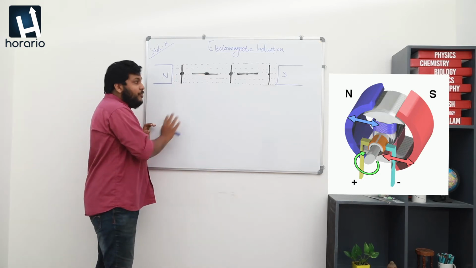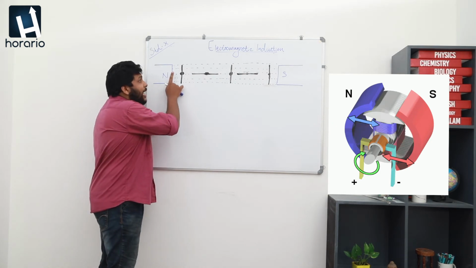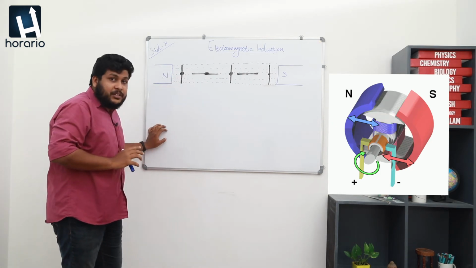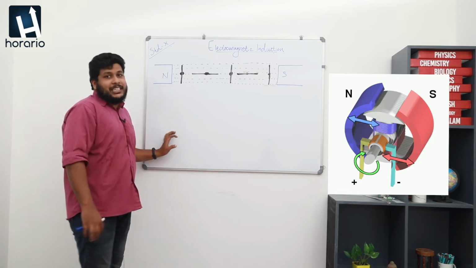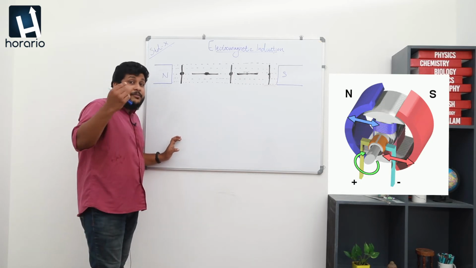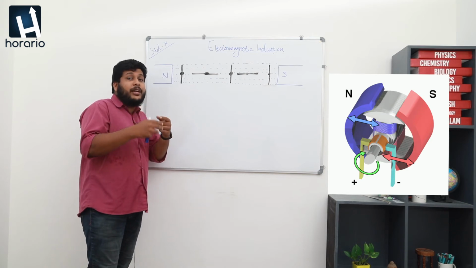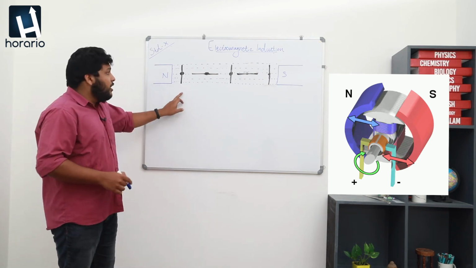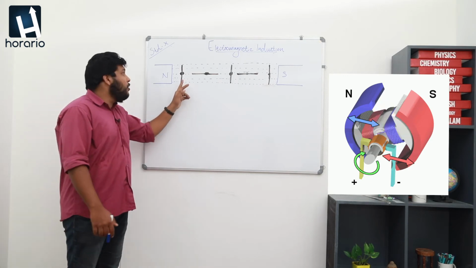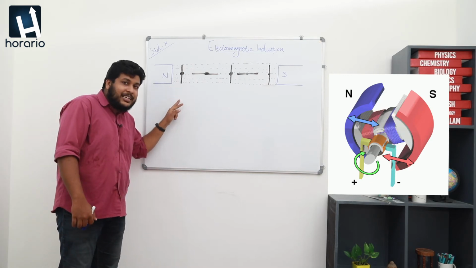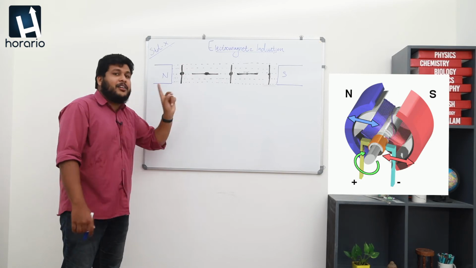We all know that maximum flux linking with an armature will lead to the production of the maximum amount of electrical energy. We know that from when we discussed the solenoid and the magnet. So the main aim to produce the maximum amount of current is to create maximum flux linkage with the armature.